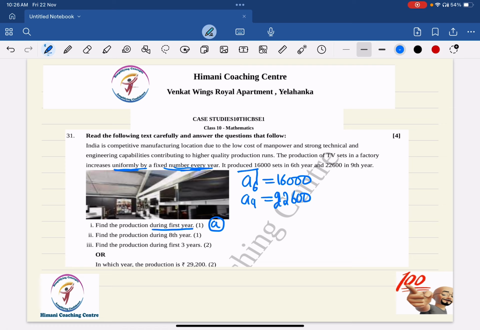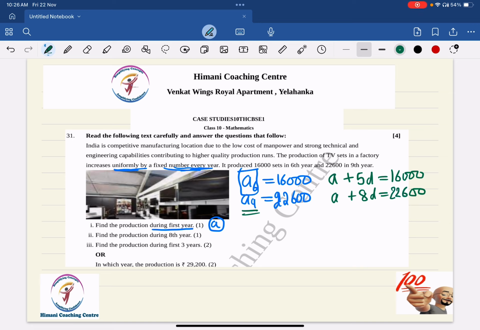So what should be the formula for A6? A6 would be A plus 5d, which is equal to 16,000, while A9 should be A plus 8d, which is equal to 22,600.